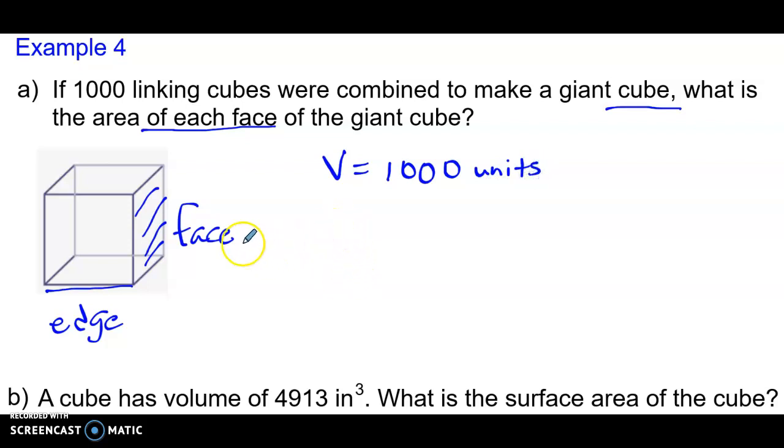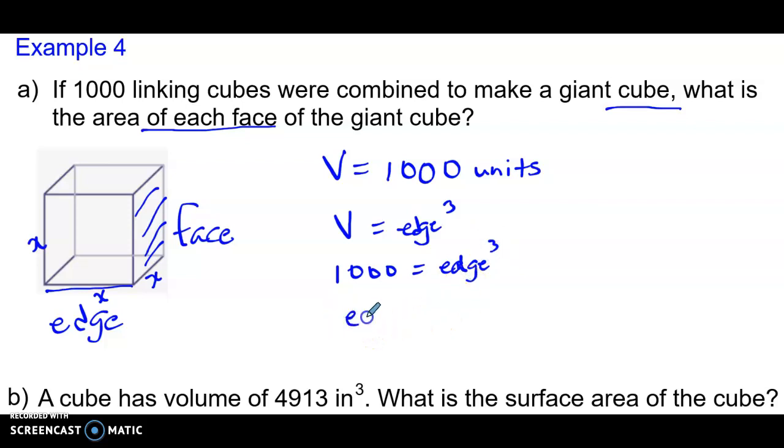We also know that since it is a cube, all of the sides are the same. So the height, the length, and the width are all equal, which means the volume can be found by taking an edge and cubing it. So our formula then becomes 1,000 is equal to our edge cubed.